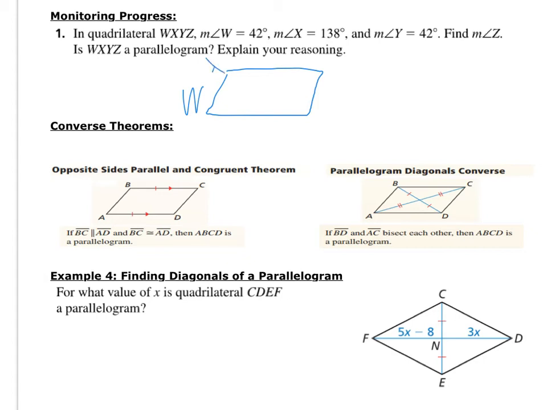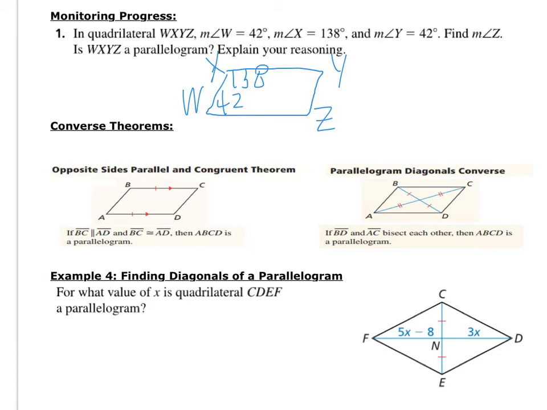So X, Y, and Z. Now I'm going to put my 42 degrees. So angle W is 42. Angle X is 138.